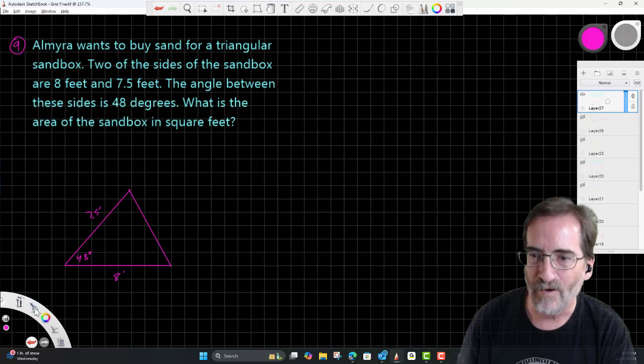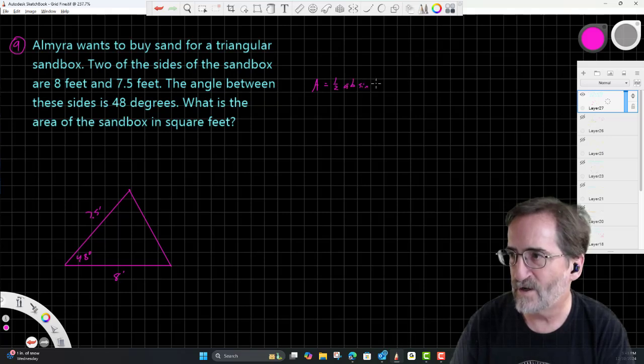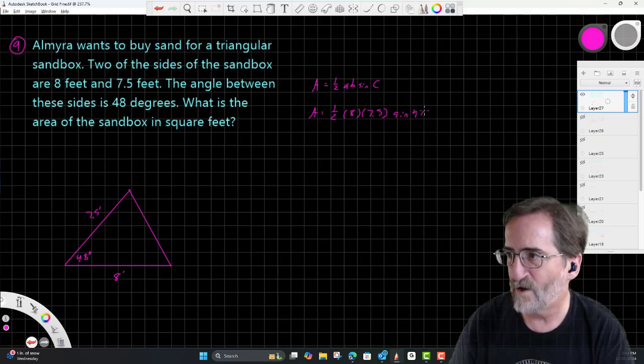Now this is a question asking directly for a use of this formula: A equals 1/2 a b sine C. So A is 1/2 of 8 times 7.5 times sine 48 degrees.